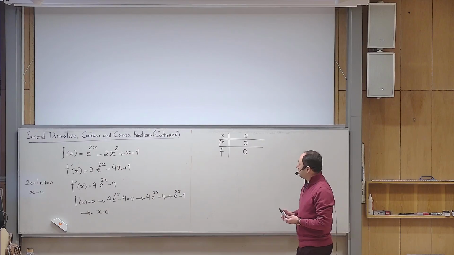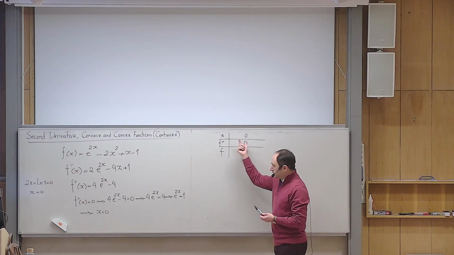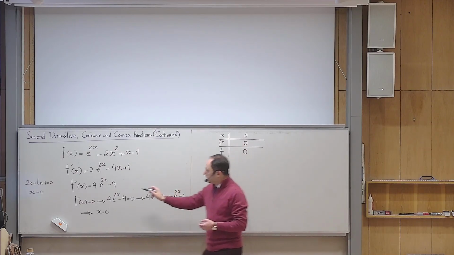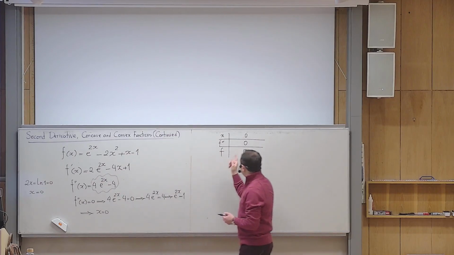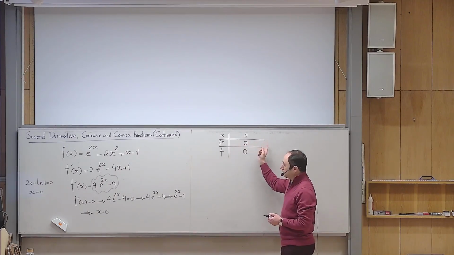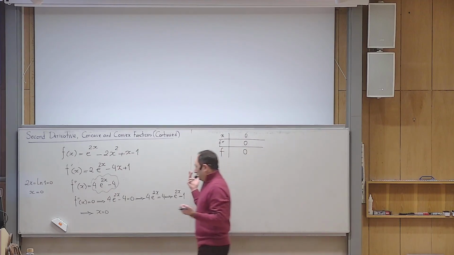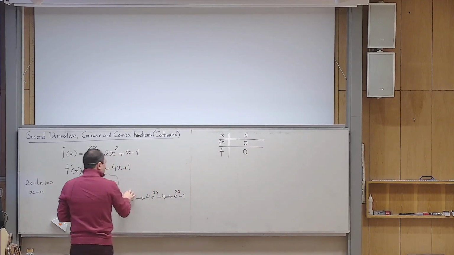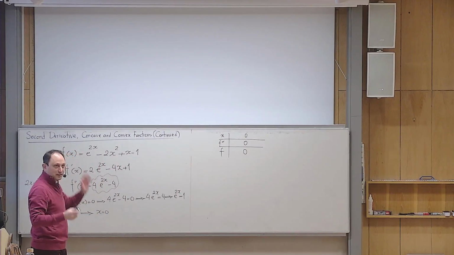Okay, so then I need to decide the sign of the second derivative. Don't get confused. The second derivative is this expression. So you want to know if it is positive or if it is negative. I don't care how you convince yourself. If it is correct, that's enough.